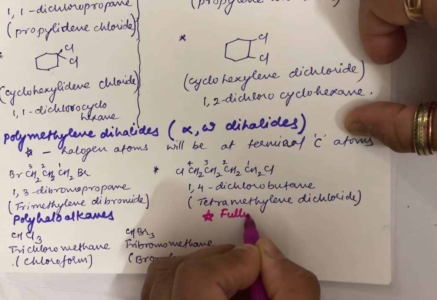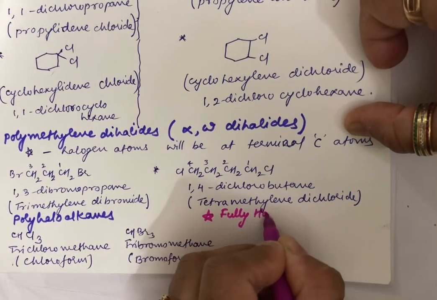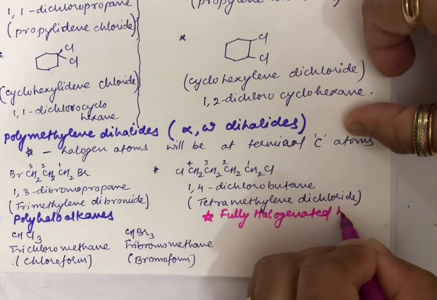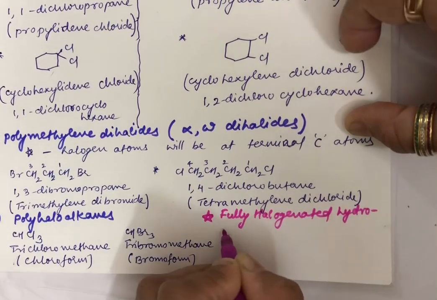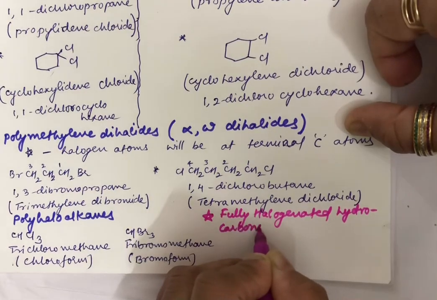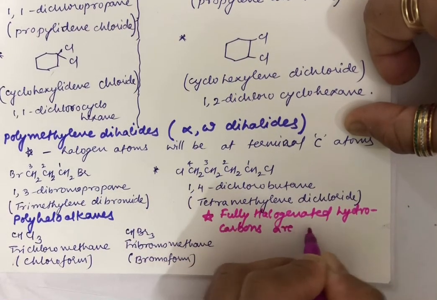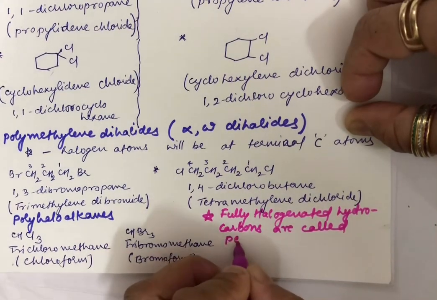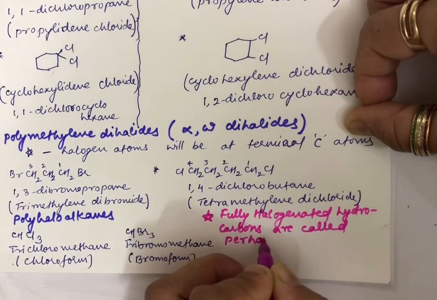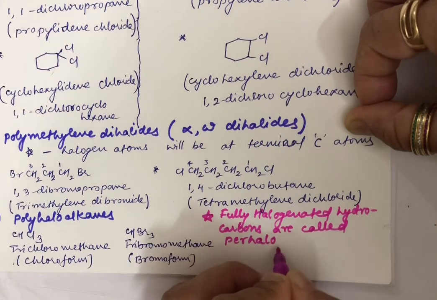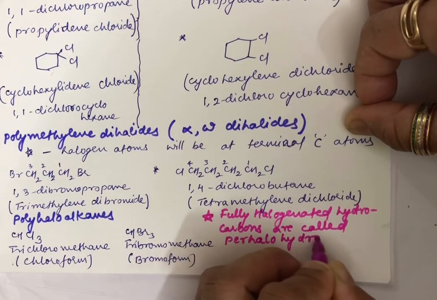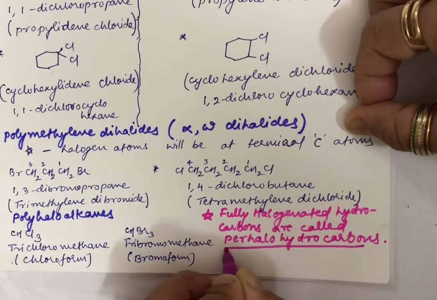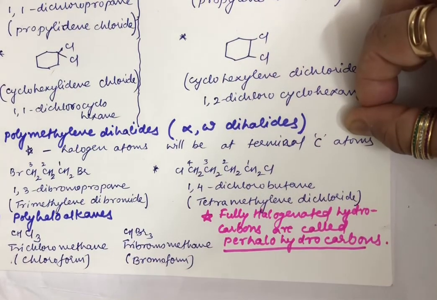See, fully halogenated hydrocarbons are called perhalohydrocarbons. Just see this, perhalohydrocarbons.